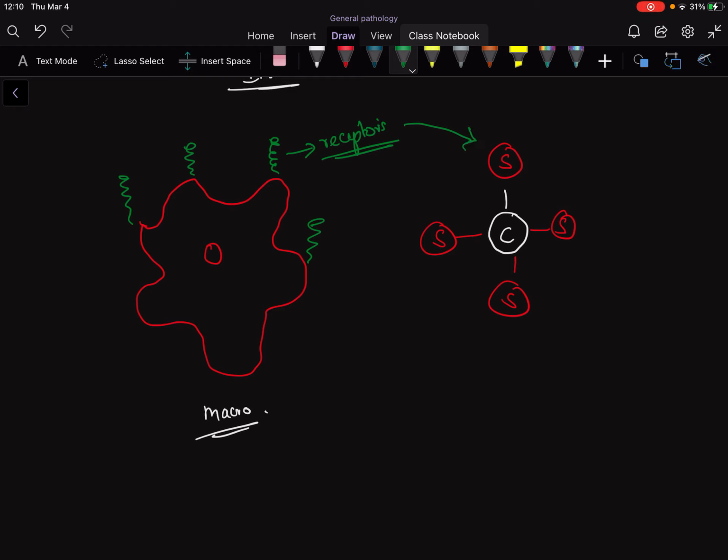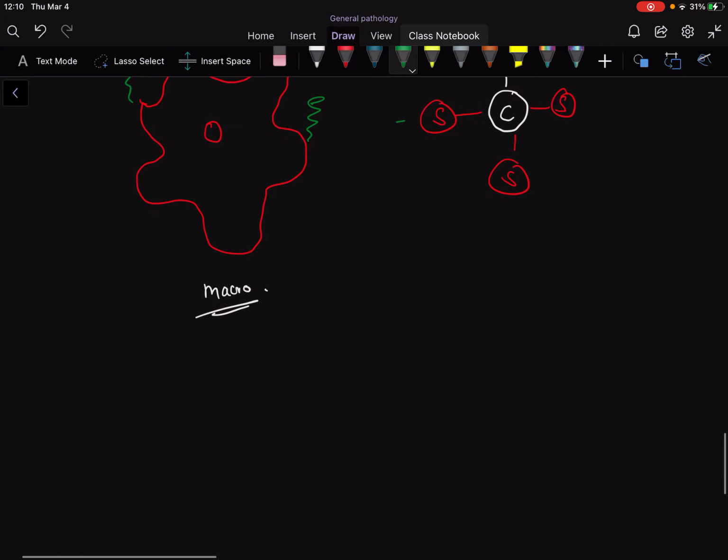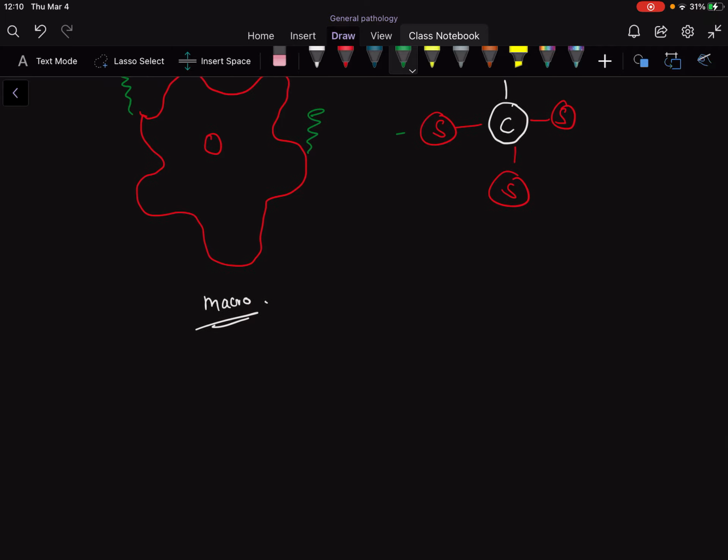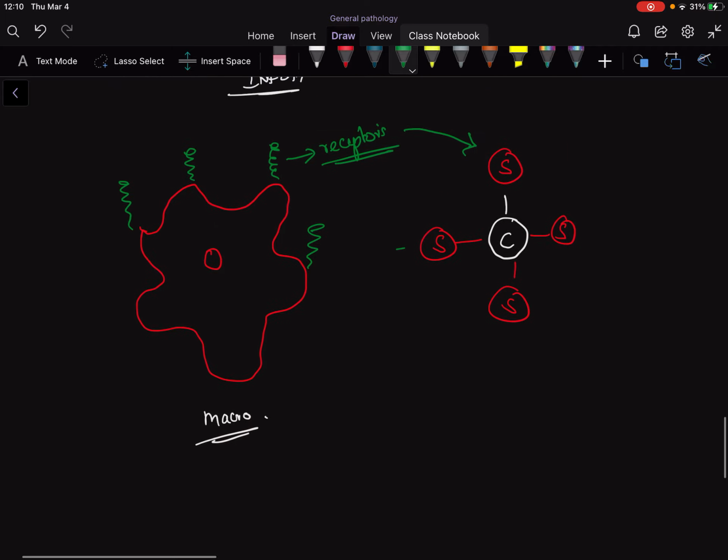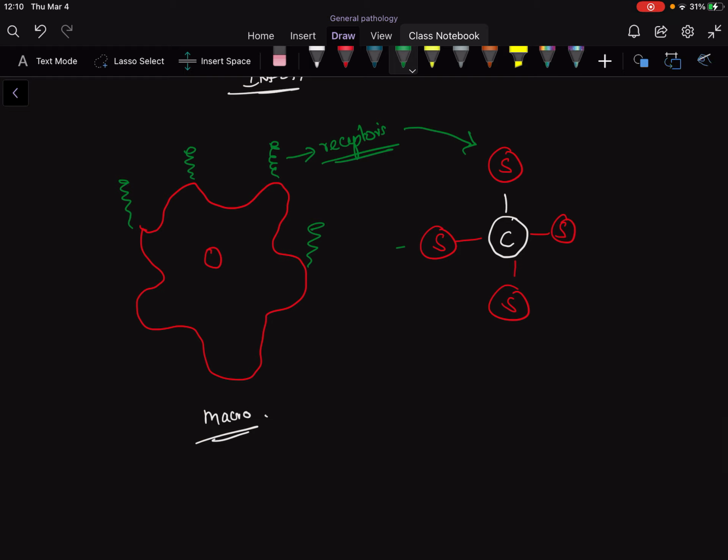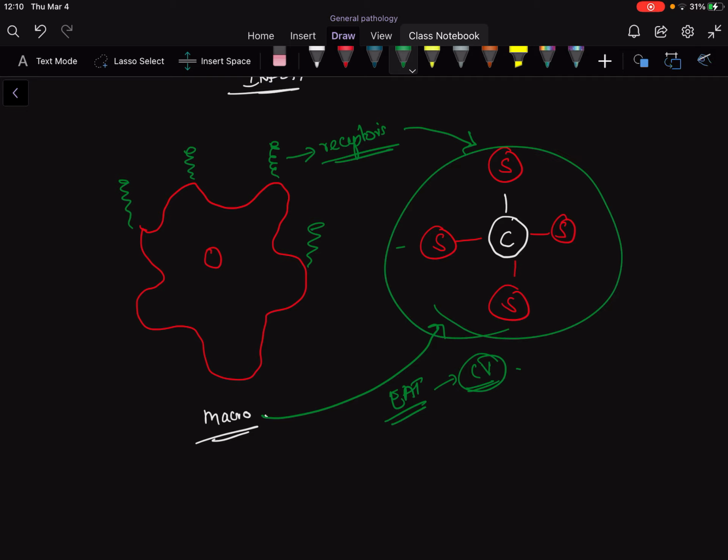When it senses these spike proteins, what will happen to the coronavirus? What do you think? This macrophage will go and eat the entire coronavirus.